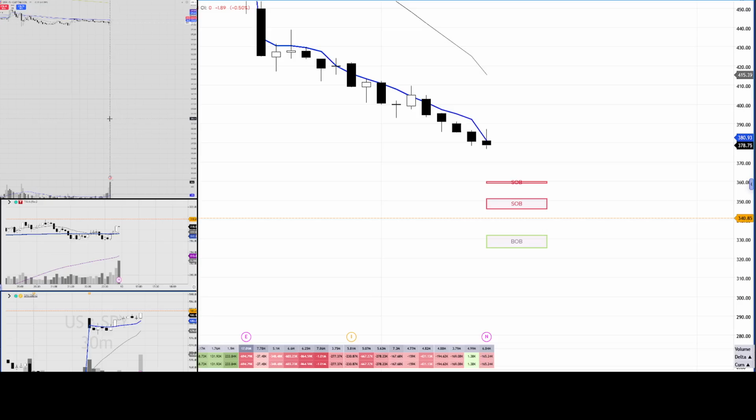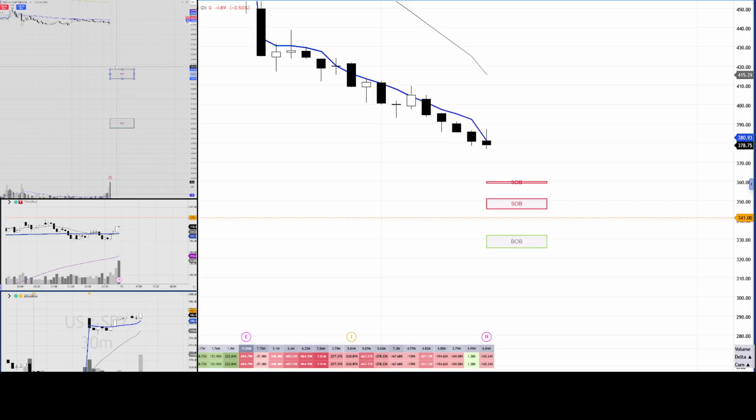Alt Shift R. 330 to 325. Add text BOB. Okay. It's so much smoother on TradingView.